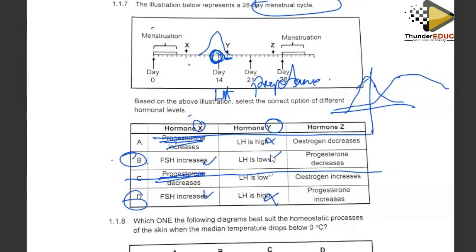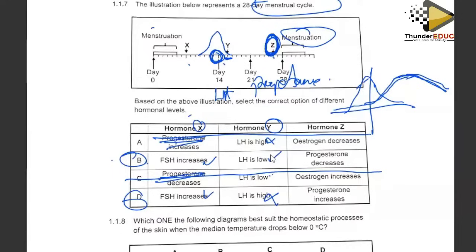So we go to Z and check. Because of menstruation, the progesterone is supposed to drop. Since it's dropping, it is too far from day 14, where it was high. So the corpus luteum is degenerating.